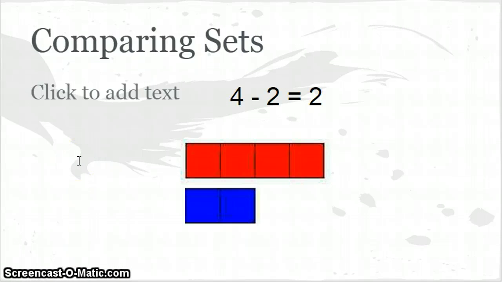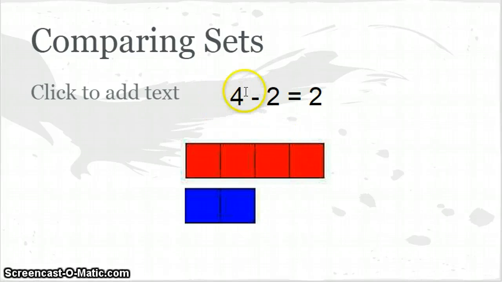Again, we're going to look visually at how we can do this and then write our subtraction sentence. I look, and again, they're side by side, so it's fairly easy to determine just by looking at the trains which one has more cubes. Certainly it's the red train. We have 1, 2, 3, 4 cubes in the red train.